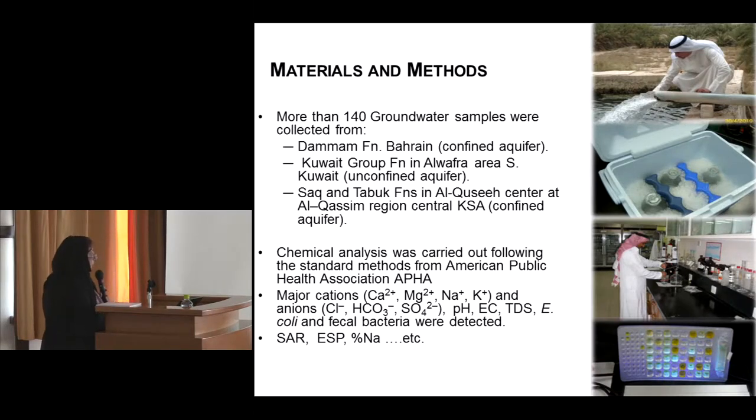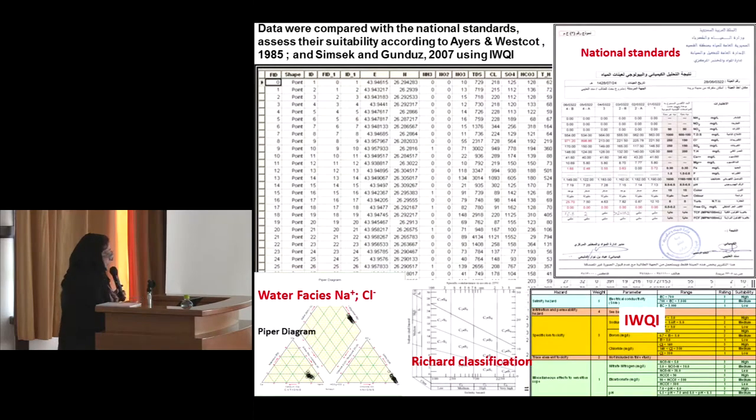The three case studies are from Bahrain, the Dammam Aquifer, Kuwait group, and from Saudi Arabia, SAG. This is our teamwork in the university, and these are the work of my students. We did all the chemical analysis, besides the bacterial analysis, as well as some heavy metal analysis, and calculated all the required chemical analysis for those three aquifers.